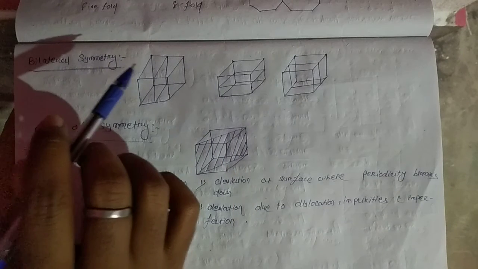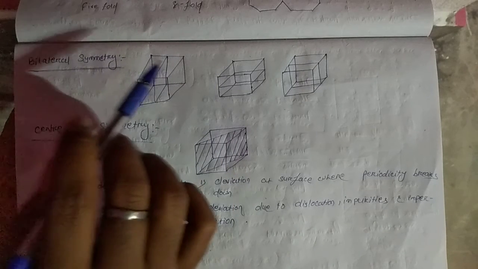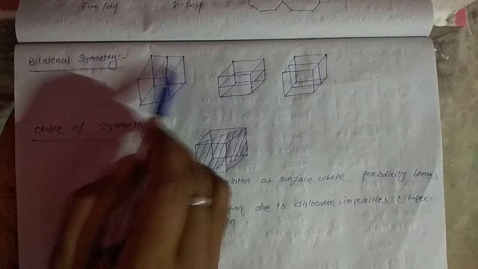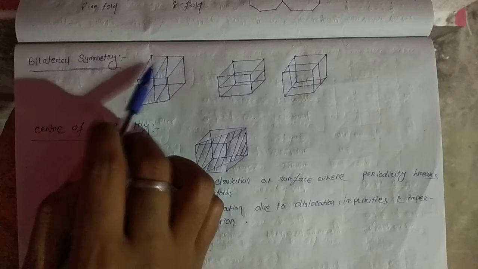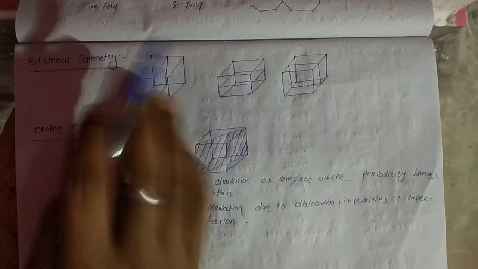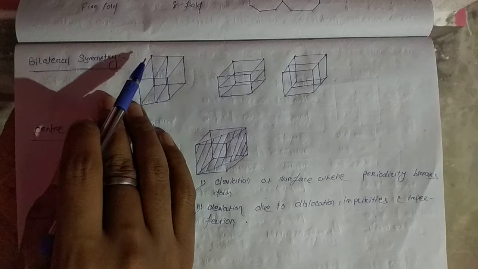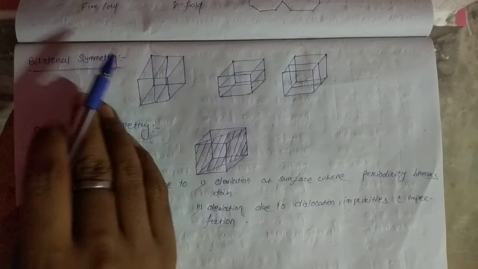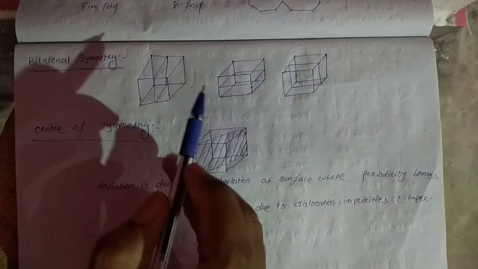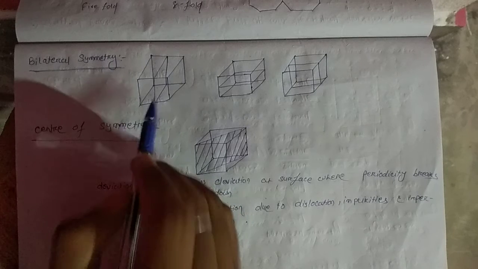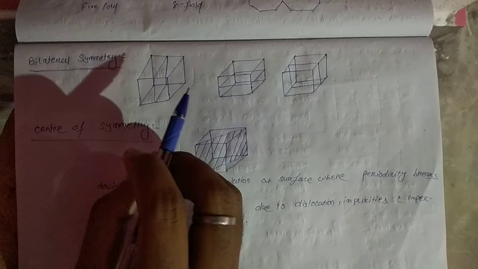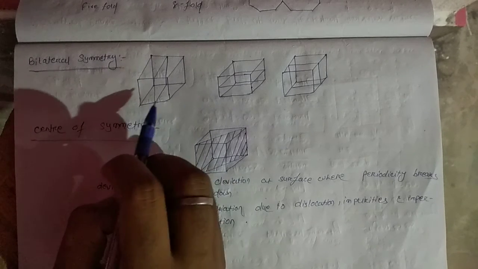So one half must be the reflection of the other half, meaning the two halves must be similar or identical in nature. This kind of symmetry is called bilateral symmetry. For simplicity we can consider a cube. A cube is a basic or simple crystal structure.